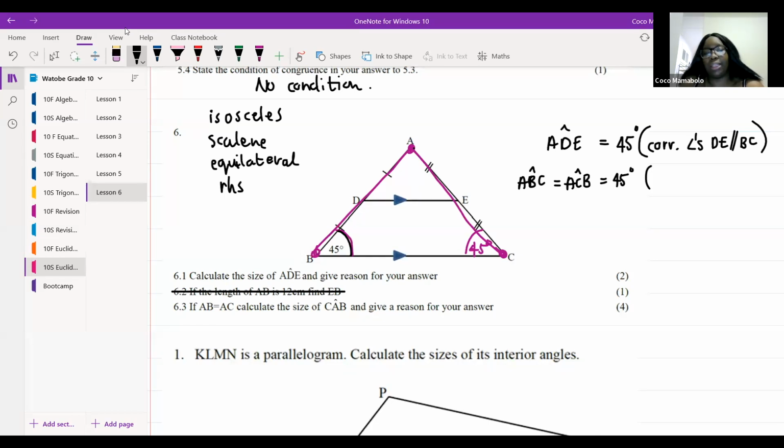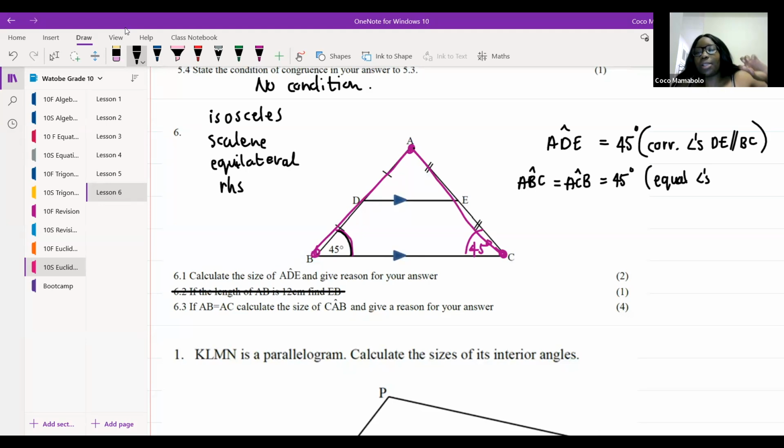What is our reason? I only know base angles of an isosceles triangle are equal. Okay, good. I think they're going to accept base angles of an isosceles triangle, but the wording that we're actually looking for is equal angles of equal sides.